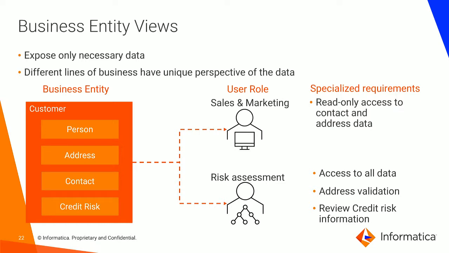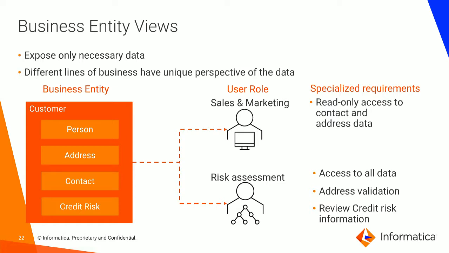In the case of sales and marketing, let's say for our example, they only require read-only access to some contact information and to some address information. Whereas someone in a risk assessment group trying to understand customer profiles and data may require access to all data. They may require things like address validation and perhaps even credit risk information.